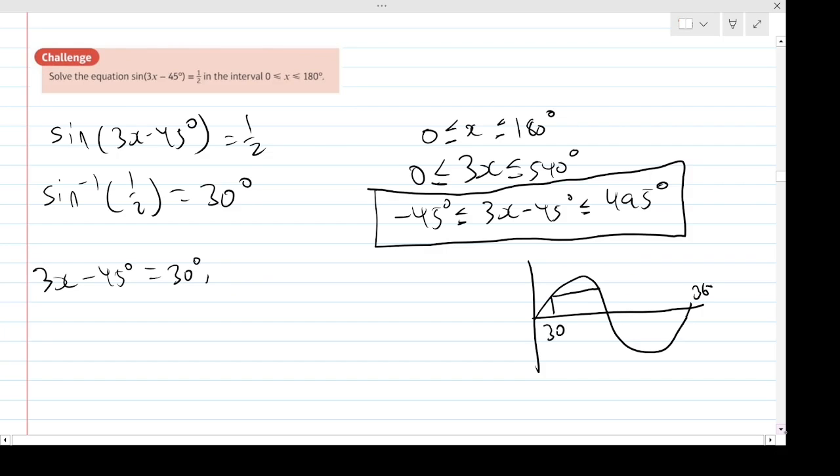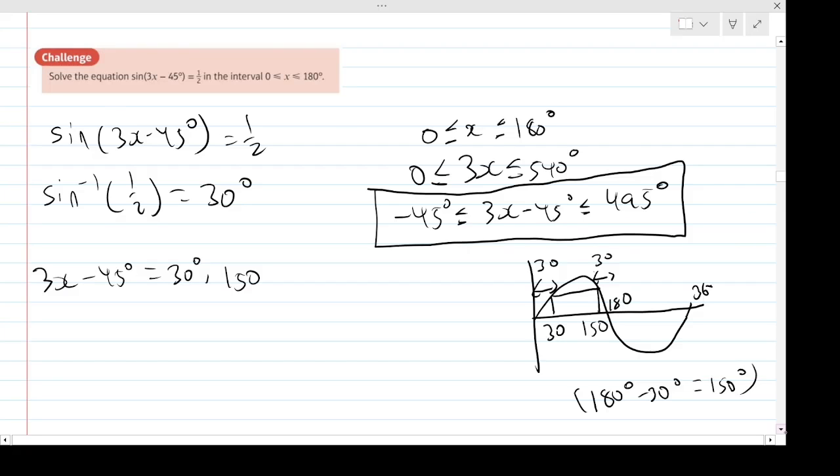Then the other solution is going to have the same gap from the other end of the curve, between 180 and the next solution. So the next solution is 180 take away 30, which is 150. That's how I've got the solution.